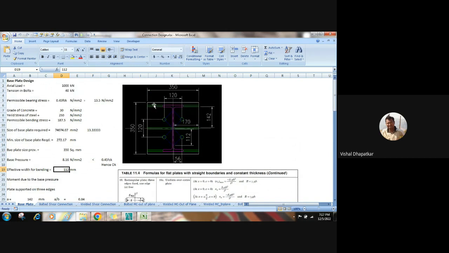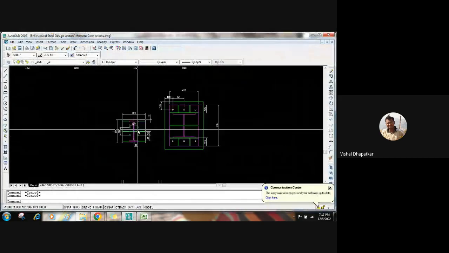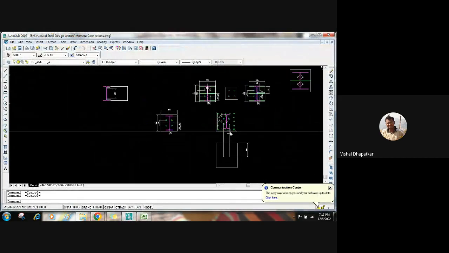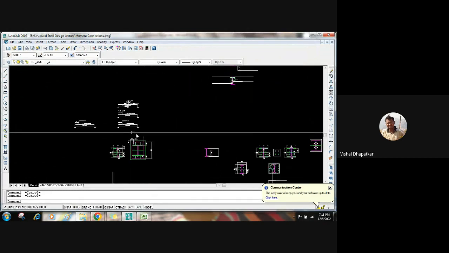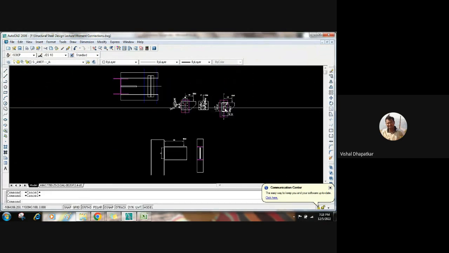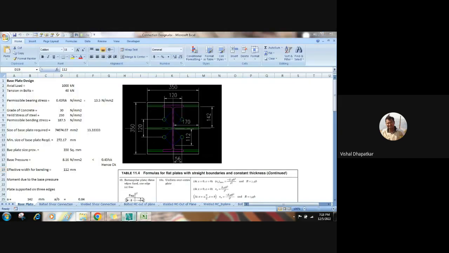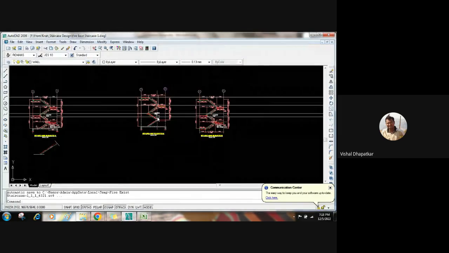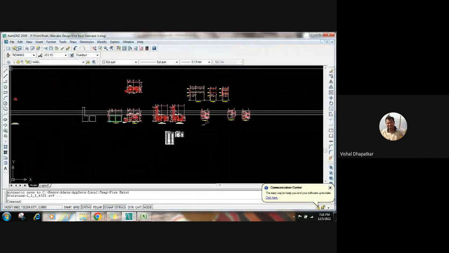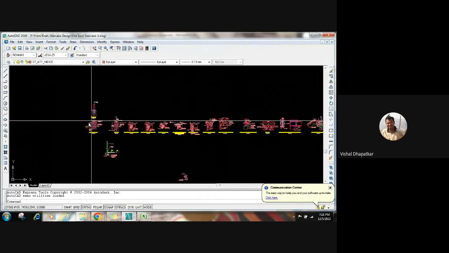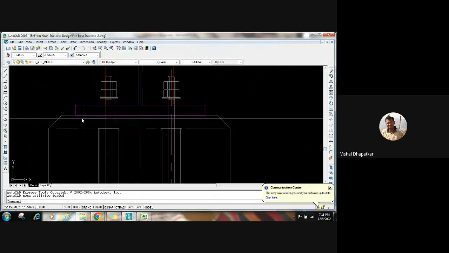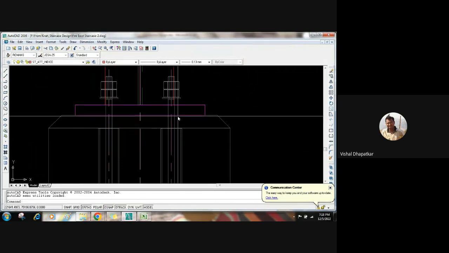Because of bearing pressure from the bottom, what will happen? The base plate will try to bend, right? Let me show you if I have the detail. Okay, let's consider there is a pressure from the bottom here.